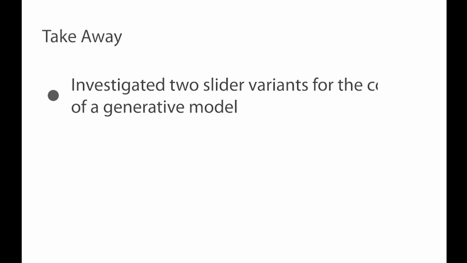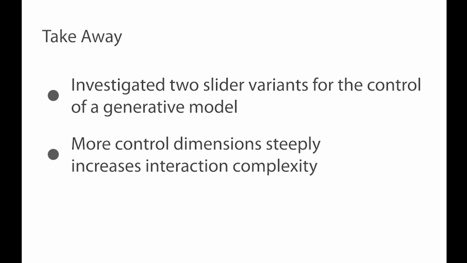In conclusion, we have investigated the impact of different numbers and types of sliders on users' interaction behavior and performance in an image reconstruction task with a generative model. Overall, we have found that exposing users to more control dimensions steeply increases the number and complexity of interactions.